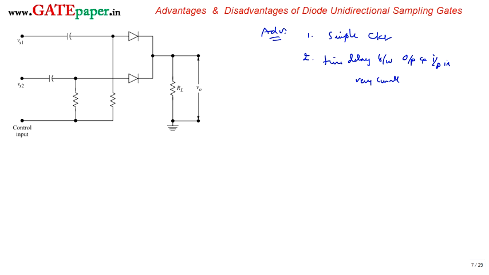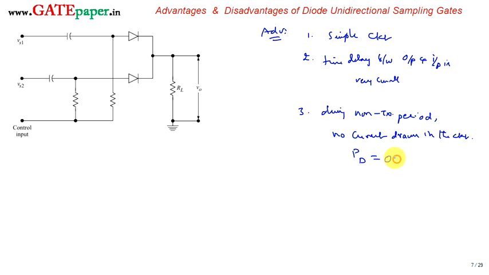And the third advantage: during the non-transmission period, no current is drawn in the circuit. No current drawn means no power dissipation.